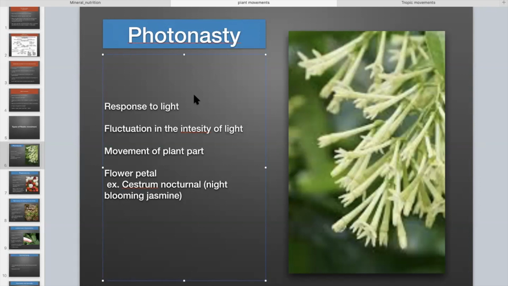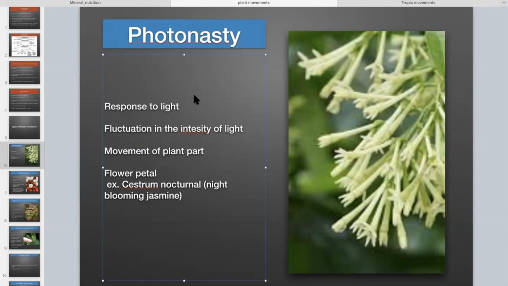For example, some flowers open in the morning and close in the evening. So it is controlled by whom? It is controlled by the light, actually sunlight. What are the parts showing response?